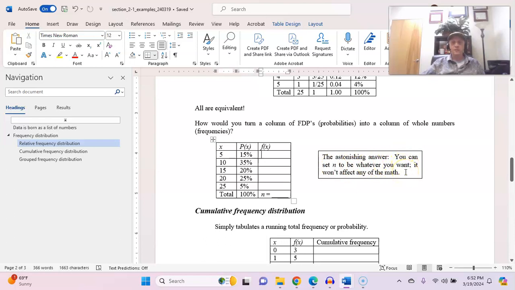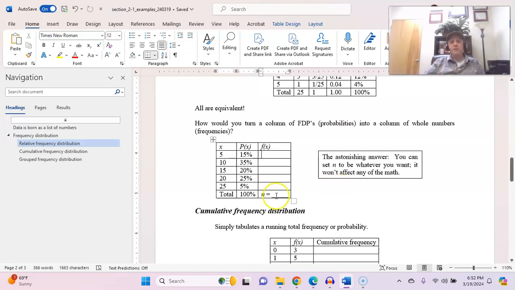It won't affect the math. It won't affect anything about the math except the actual size of the list. So that one number, the size of the list, is lost forever. But everything else of importance in this list, for example, averages or percentiles or medians, we can find them by just choosing n to be anything we want.